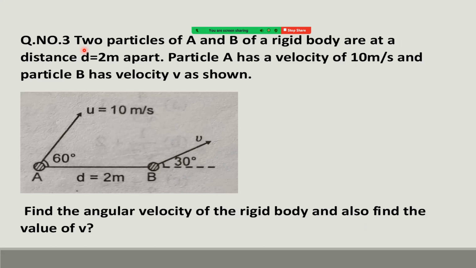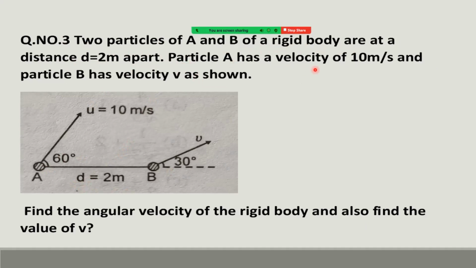Right. Two particles A and B of a rigid body are at a distance of 2 meter apart. Condition given: rigid body. So in a rigid body, we are focusing on 2 points or two particles. Separation between them is given.